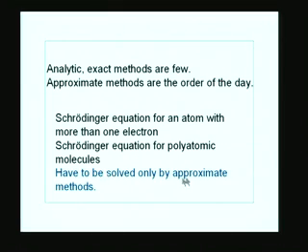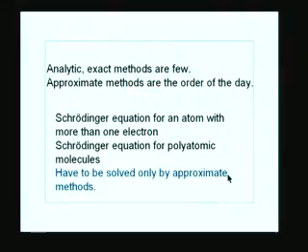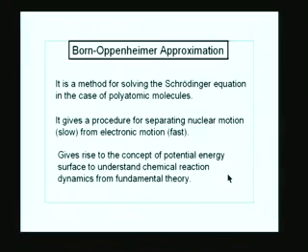One has to devise procedures by which the algebra could be carried up to a certain point, and beyond that one has to study the algebra through its implementation in a computer using a numerical program and so on. Okay. So they have to be solved by approximate methods, and the most important approximation in all of quantum chemistry, I would even say, in understanding the molecular structure, came by Robert Oppenheimer and Max Born.